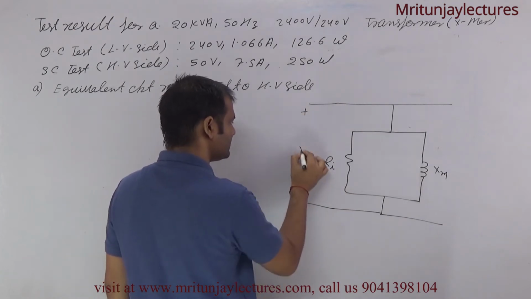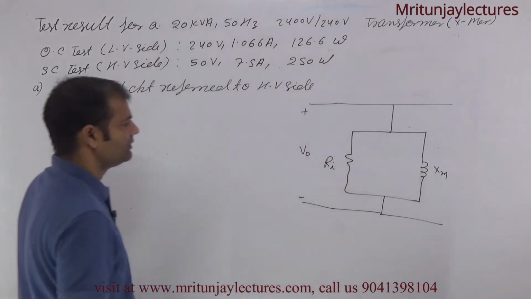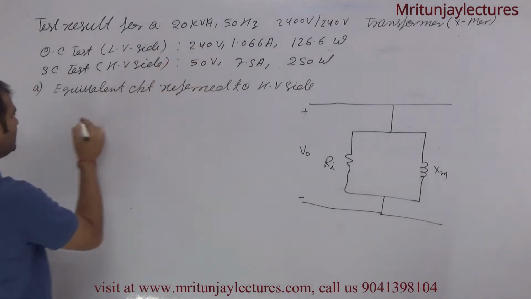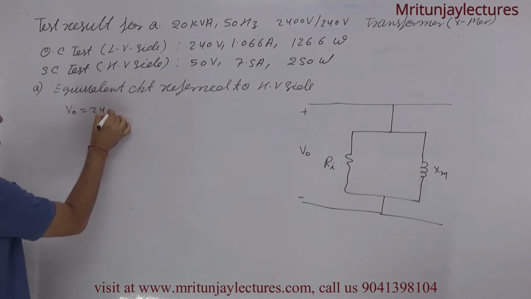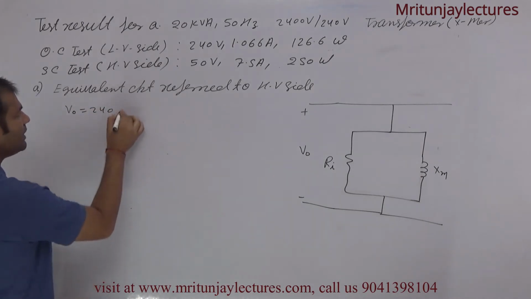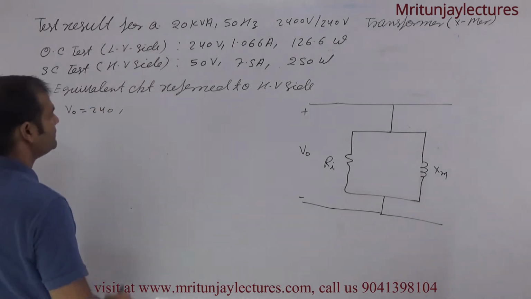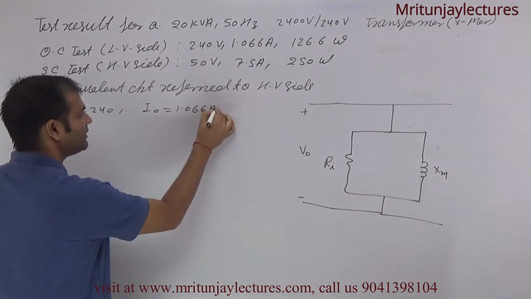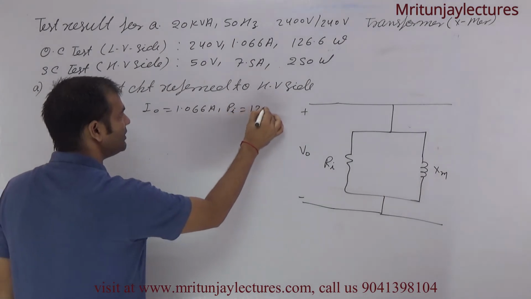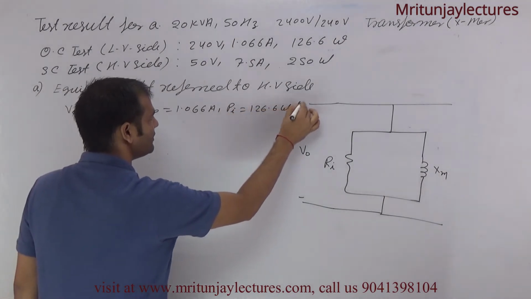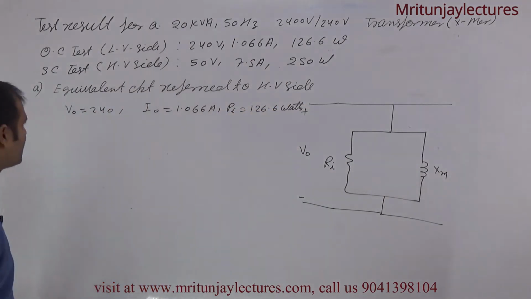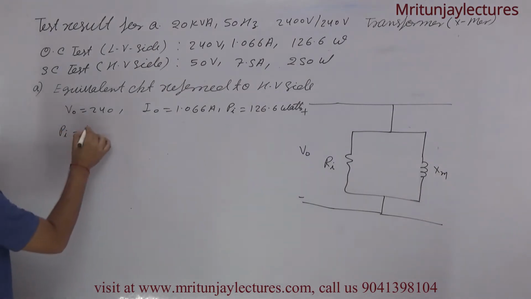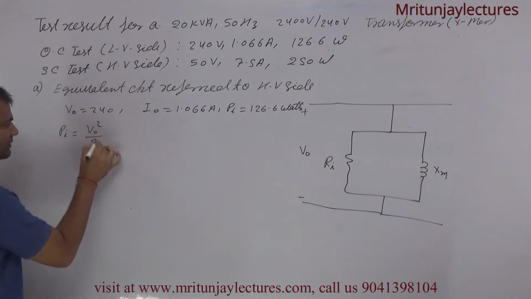V0 is 240 volt, I0 is 1.066 ampere, and what about PI? That is 126.6 watt. Clear? Now, PI is given by V0 square divided by RI.